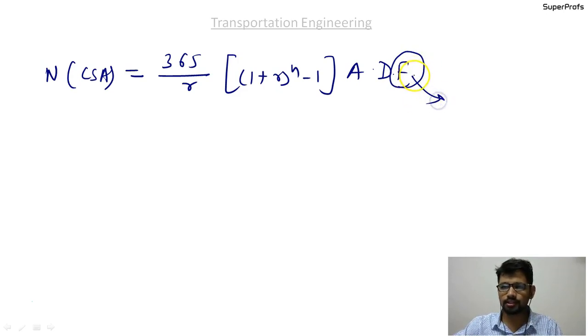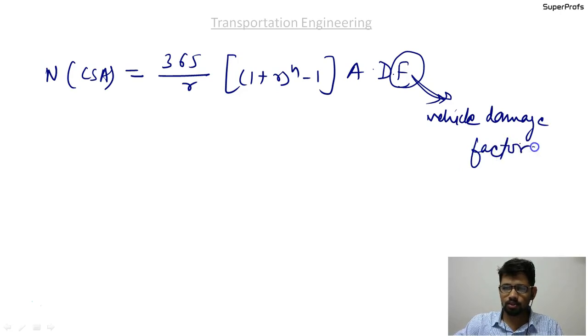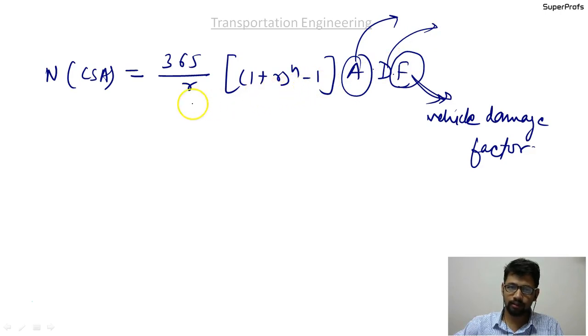A is already known to us, how to calculate. It is the initial traffic in the year of completion of construction in terms of commercial vehicles per day. When we take up numerical examples, things will be still clearer. D is the lane distribution factor we just discussed. r is the rate that will be given.